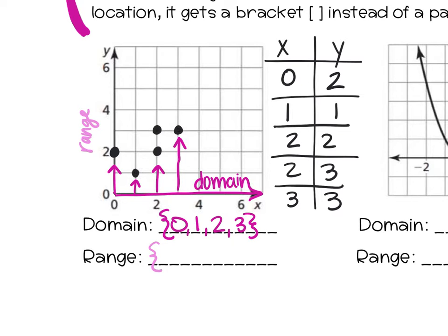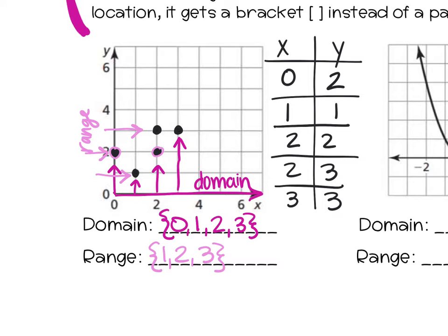So if I do it from the graph, I see, all right, this point is up 2, but I want to do numerical, so you may start with the bottom point. So that one only has a range, or a y value, of 1. Okay, next I have 2 points, they're at a height of 2, or up 2. And then I have 2 points that are at 3.